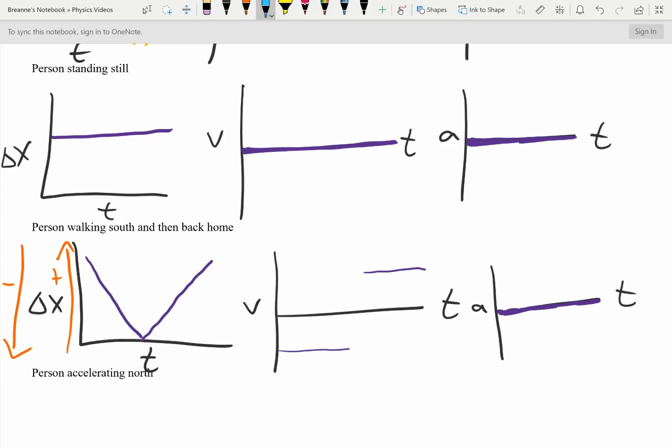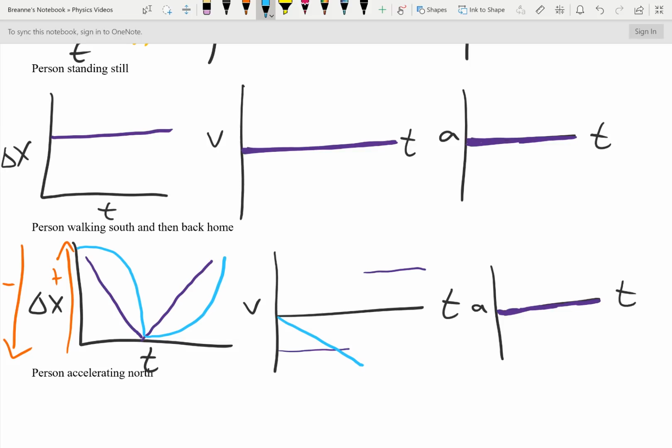So if we have a person speeding up in the negative direction, then a person speeding up in the positive, your graph would look something like that. And then you're going in the negative direction, so you're below the 0 line, speeding up.